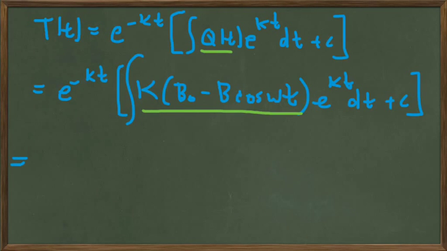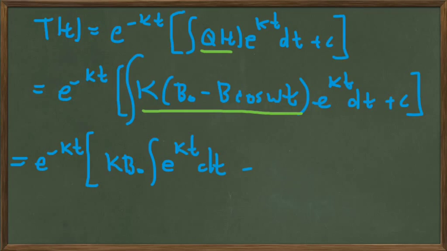So let's split that into two integrals. The first part would just be k b0 times the integral of e to the kt, bringing the constant outside. And then minus kb, bringing that constant outside, but now we're integrating cosine omega t e to the kt dt, and then finally there's a plus c.